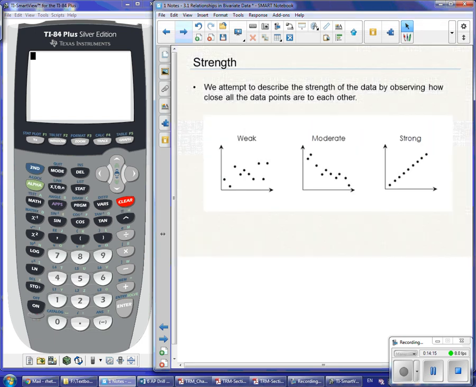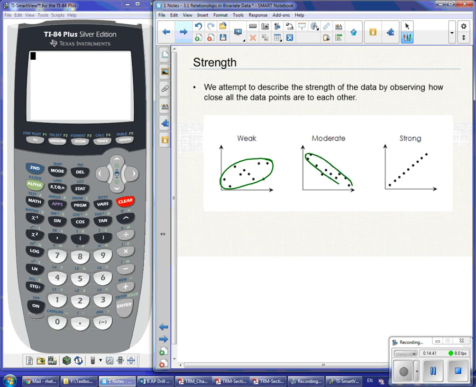And the strength, usually we're talking about the strength of a linear association, but you can also talk about the strength of a nonlinear association if there's a clear trend in the data. So a weak association, you can still see an association. One of the things I tend to do is draw an oval around the points. If my oval is really wide and more circular, I know that it's going to be a very weak association.